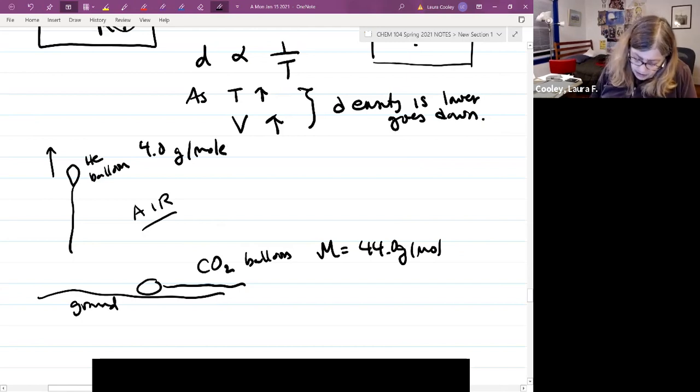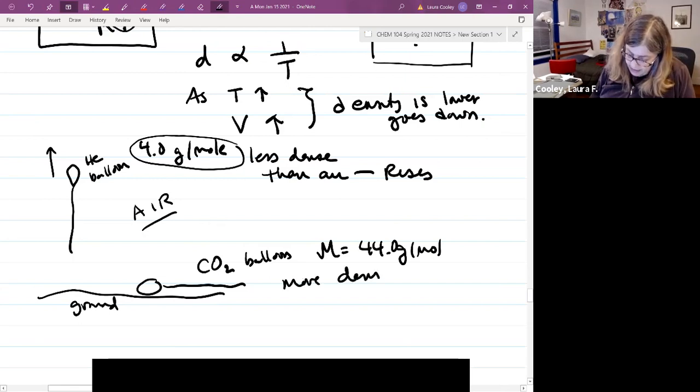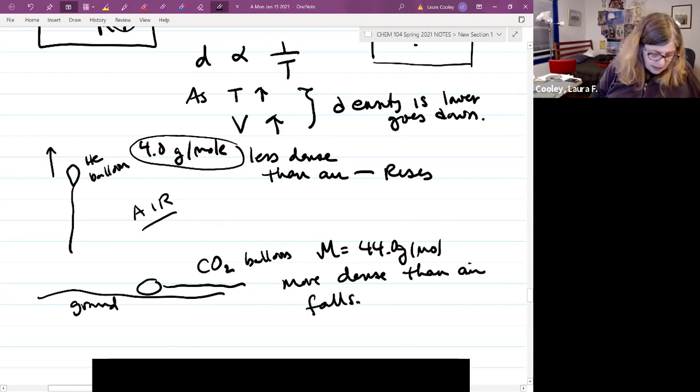So this is less dense than air, so it rises. This is more dense than air, so it falls. And we'll figure out the density of air very soon.